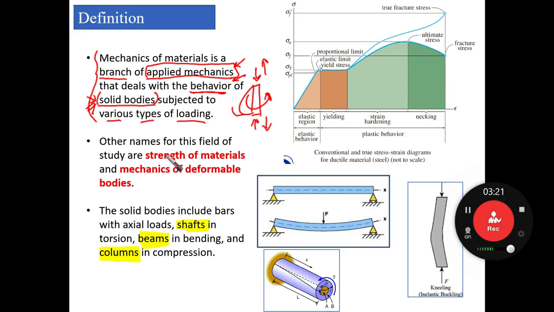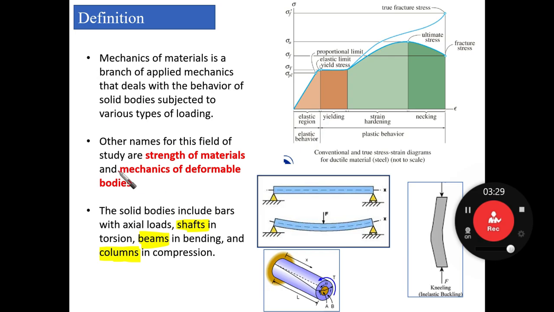And then, there are other names for this field of study. So there are other names related to mechanics of materials, which is strength of materials. This is another common name that you're going to see, and you're going to find it commonly used in the scientific fields. And mechanics of deformable bodies is a third name after mechanics of materials and strength of materials.